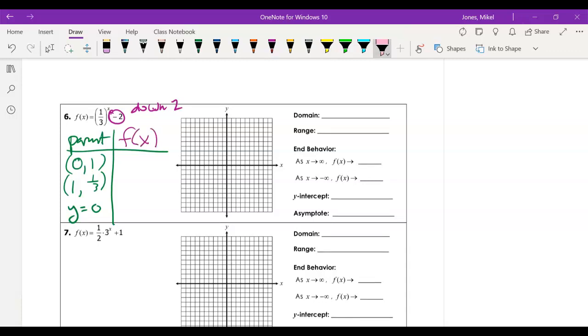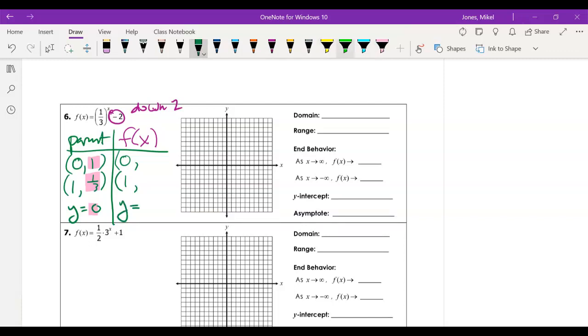That means I'm going to be changing the y values. This is a vertical shift, so it only changes the y values, the vertical values. Okay, so everything that's an x value stays the same. Those stay the same. But anything that's a y value is going to move.